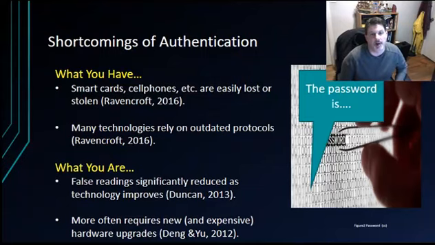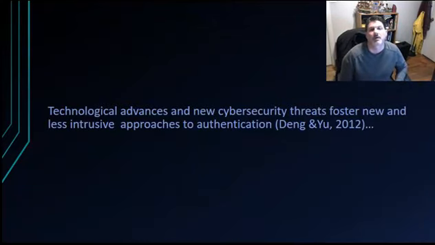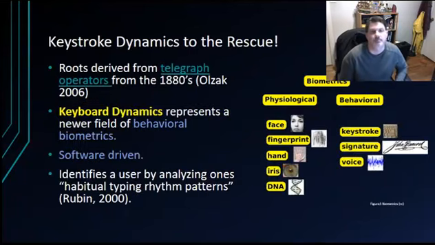However, implementing biometrics usually means introducing some sort of new and potentially expensive hardware. So it's important to note that as new cybersecurity threats emerge, science is going to be looking towards new and improved ways to validate users to digital resources using less intrusive and more convenient methods.